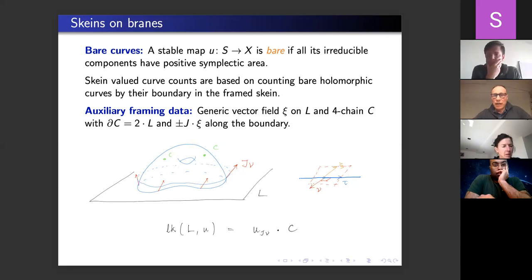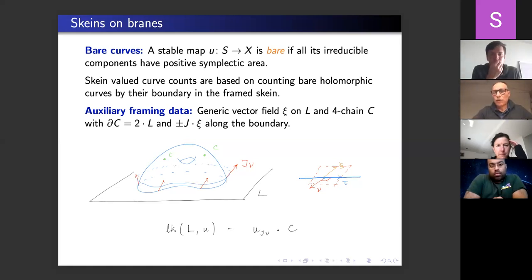Then there is one important ingredient, which is some kind of auxiliary framing data. We'll fix a vector field along our three-manifold, along our Lagrangian, and then we'll take a four-dimensional chain which bounds the Lagrangian, actually bounds it twice, and it starts out like the complex structure times this vector field.